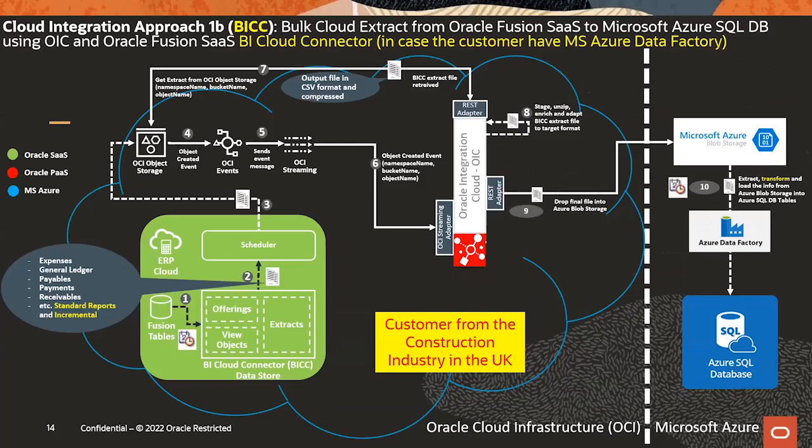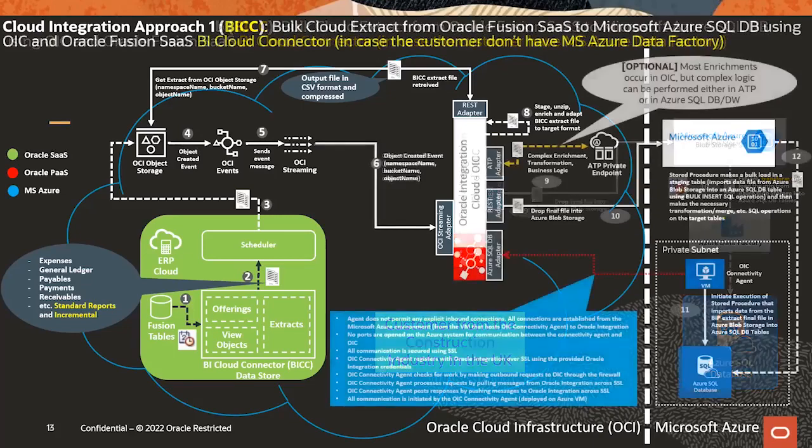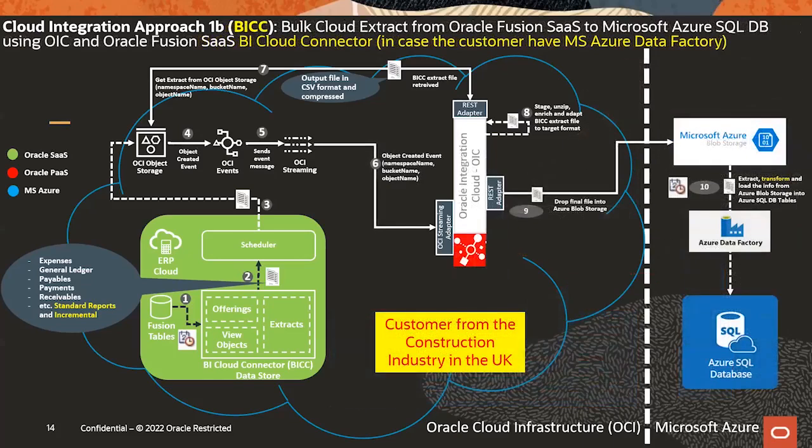So the idea here is that in case the customer already has Microsoft Azure Data Factory, instead of using the connectivity agent, we can just drop the file into Azure Blob Storage, and then they can use a scheduled flow in Azure Data Factory where they can extract information from Blob Storage and then upload that into Azure SQL database, okay?